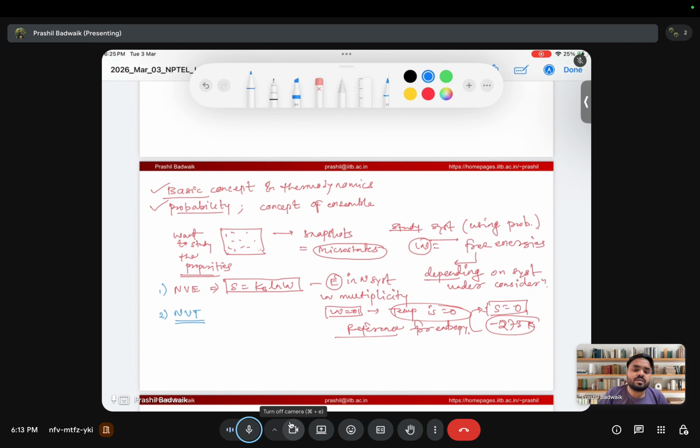What is it for the NVT ensemble? Please tell me. For each type of ensemble, we have calculated this property, right?